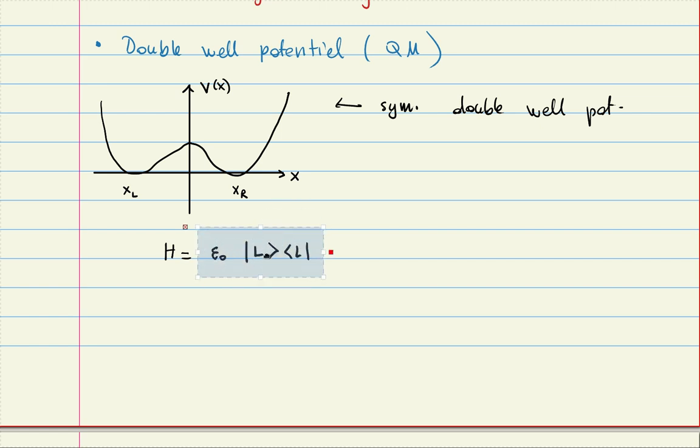Since they are symmetric, they are going to have exactly the same energy. So this is right and right. And I also want the electron starting here to tunnel to here or tunnel the other way, right? I'm going to write some T times left to right or right to left.